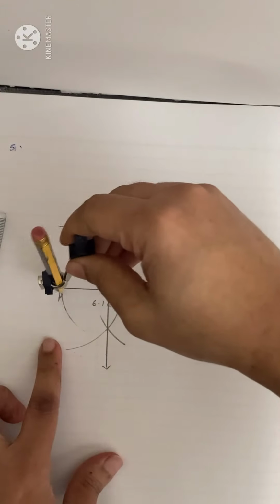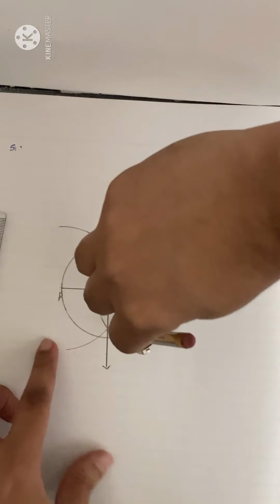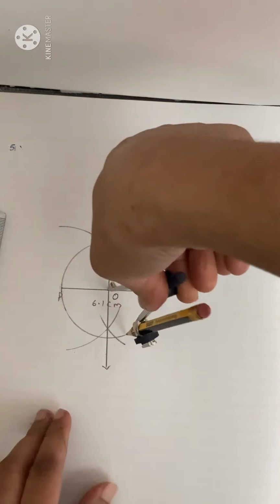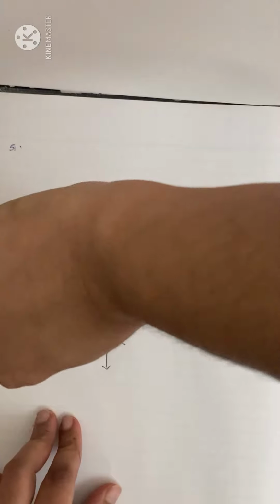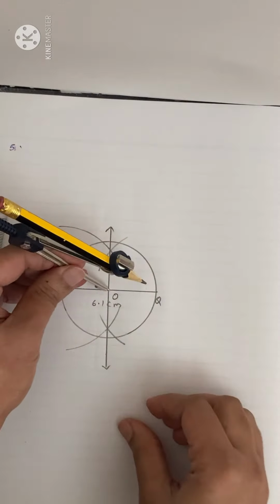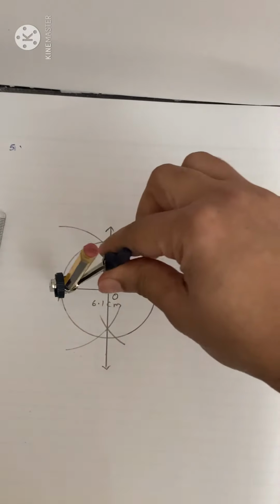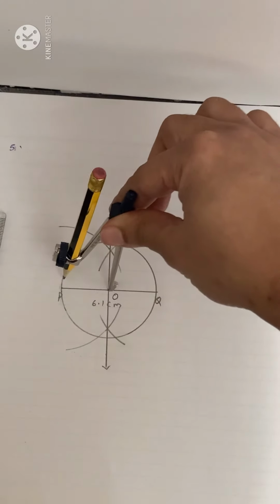Now with O as center, OP or OQ, both radius is correct, you can draw a circle like this. See, the radius is from O to Q or from O to P. Both are same.